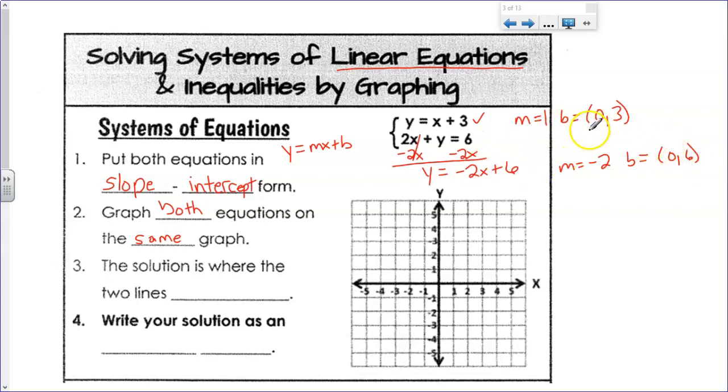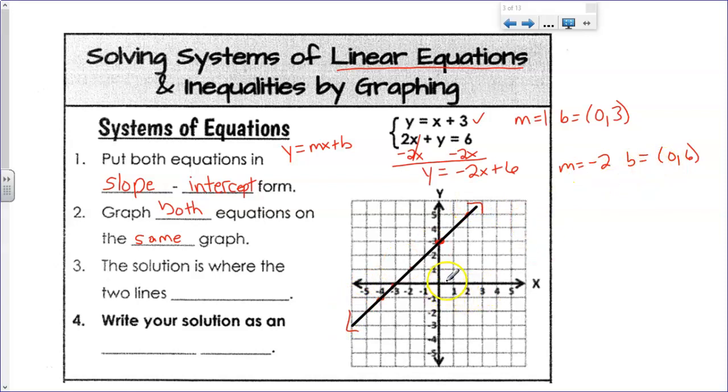We're going to start with the first one at (0, 3). Slope is 1, it's positive, so up 1, right 1, up 1, right 1, or down 1, left 1. Then I'm going to draw a line real quick, and put my arrows on there.